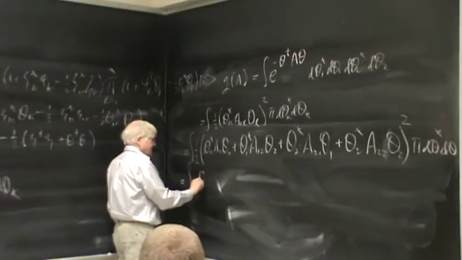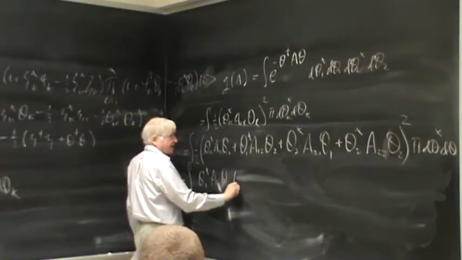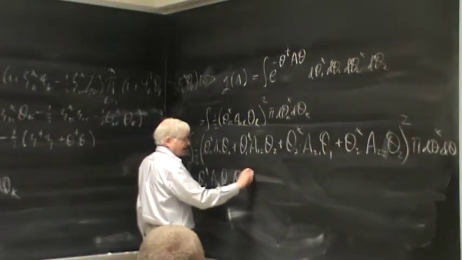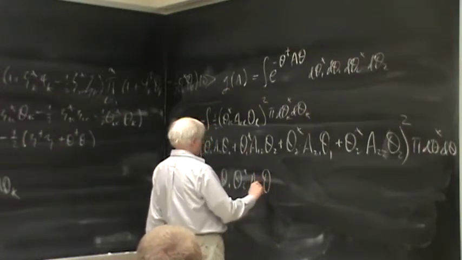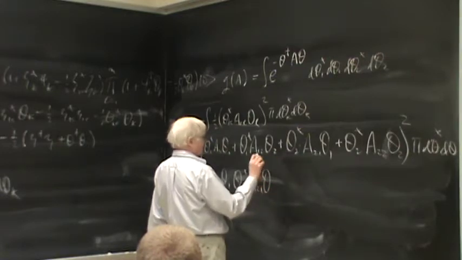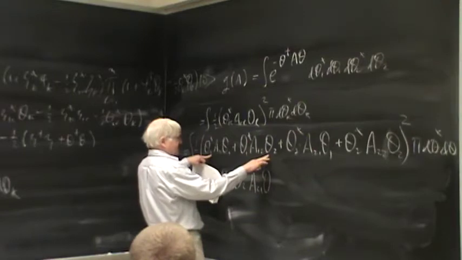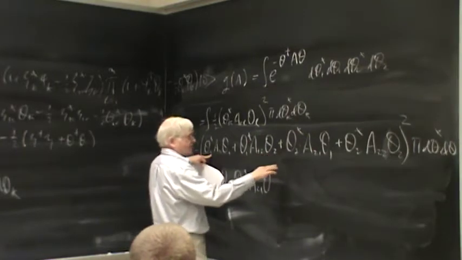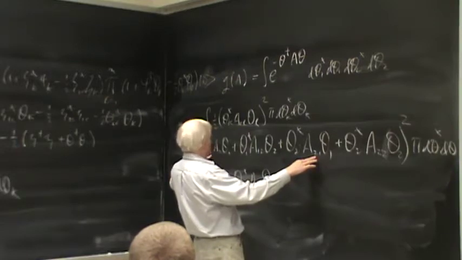I'll write it as theta 1 star A11 theta 1 theta 2 star A21, oh, I got it. This is 0 because it's theta 1 squared. So it's just this times, no, that's 0 also. I'm having trouble.